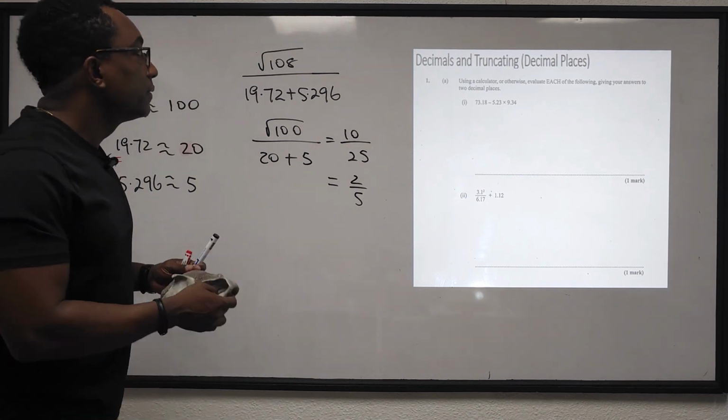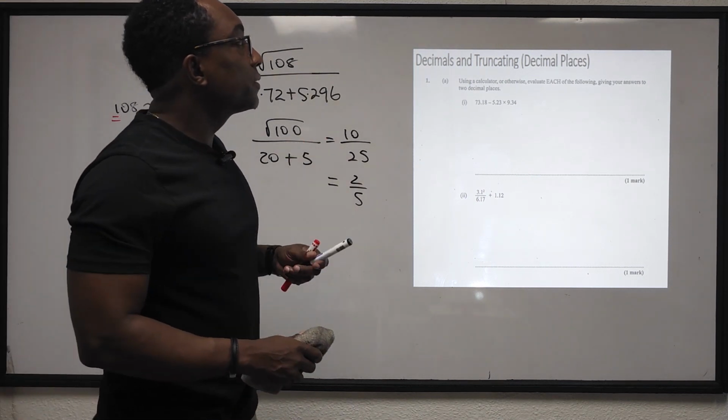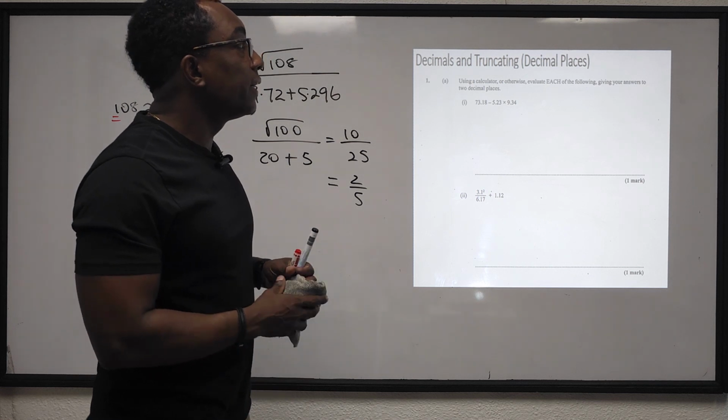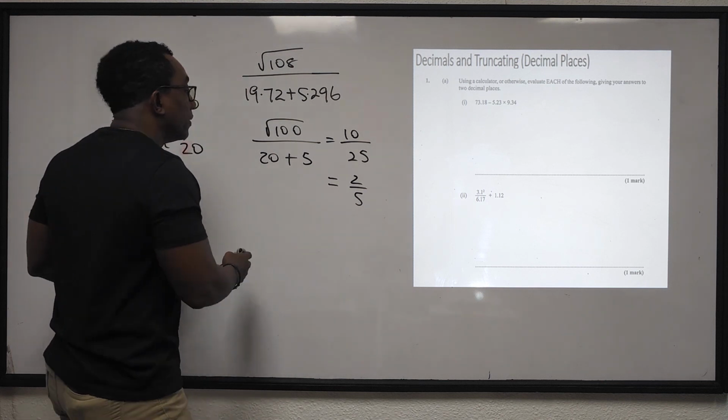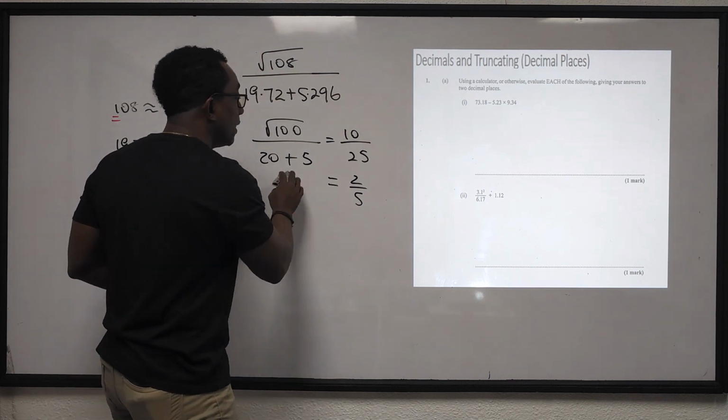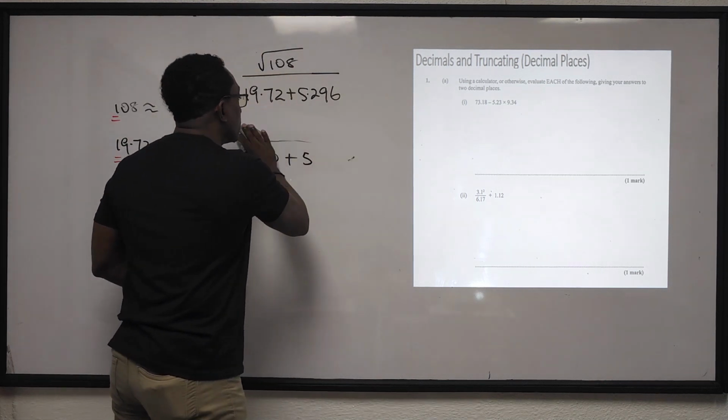Let's look at the next. We have here, using a calculator, otherwise, evaluate each of the following given your answers correct to 2 decimal places. So we want to use our calculator to help us to determine such.